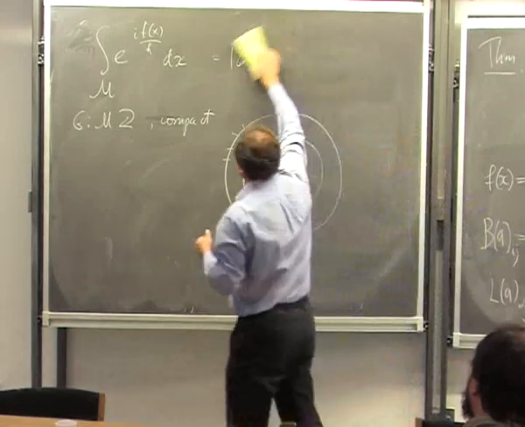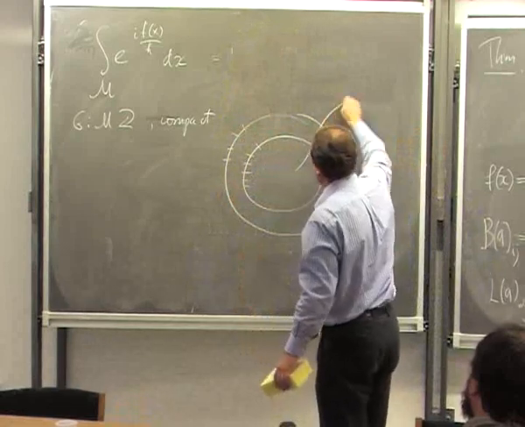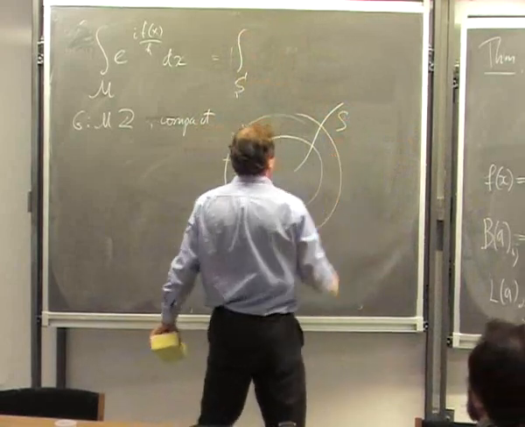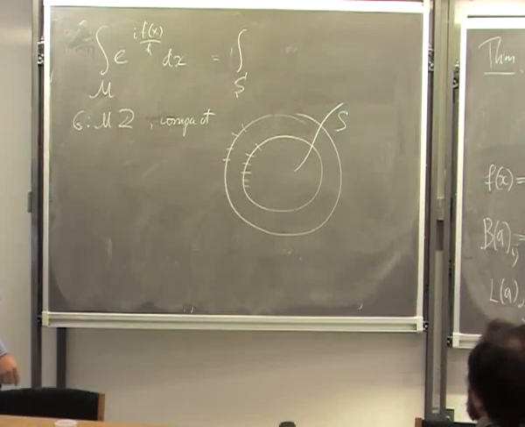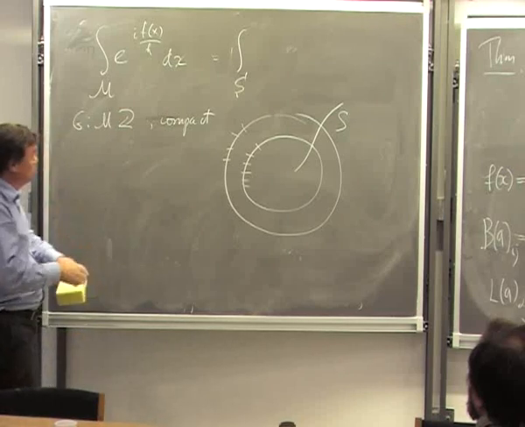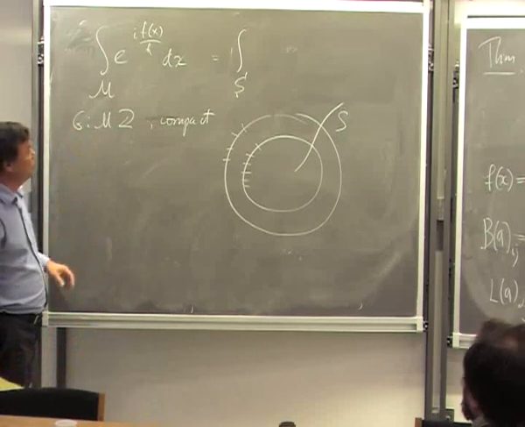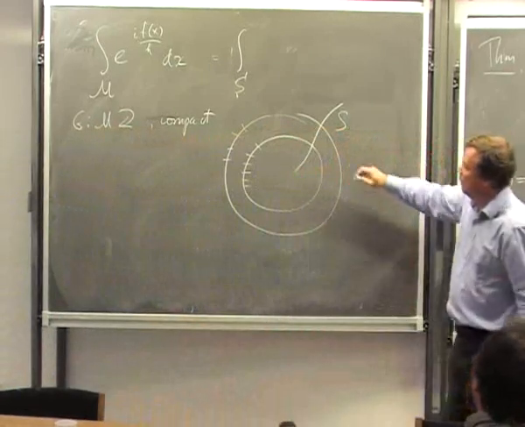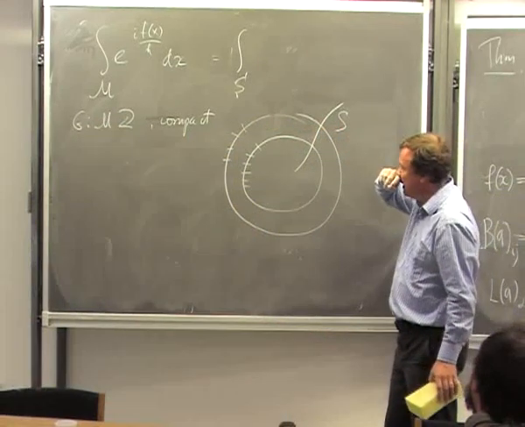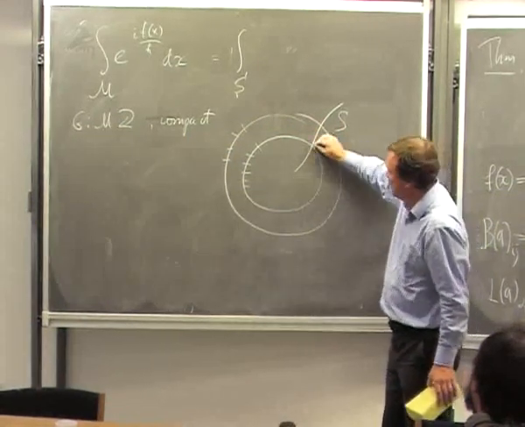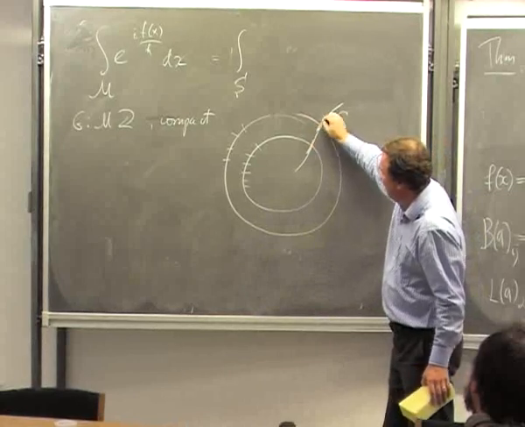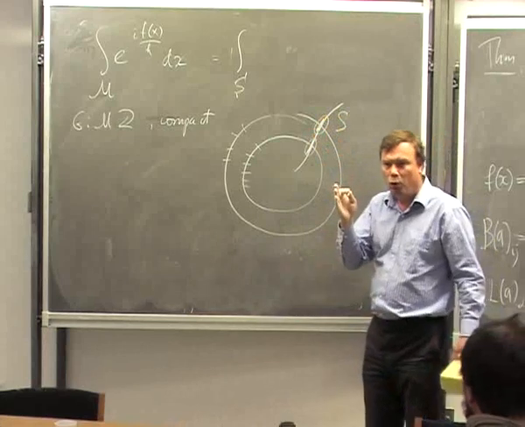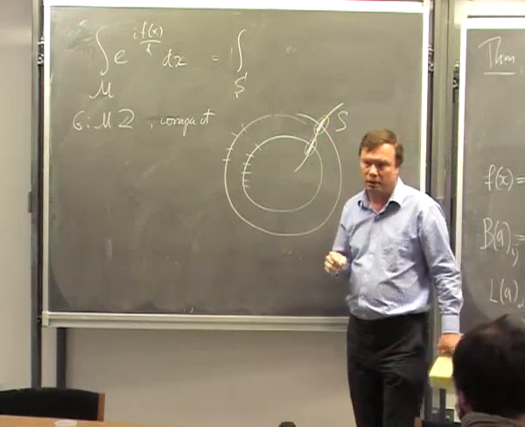So a very natural idea is to choose a cross section and to write this integral as an integral over a cross section through the set of orbits. When you have a compact group acting on a compact manifold, there may be no good cross sections very easily. But remember, what we really need is the asymptotical expansion. So we need a cross section that intersects orbits transversely in the vicinity of these critical orbits.